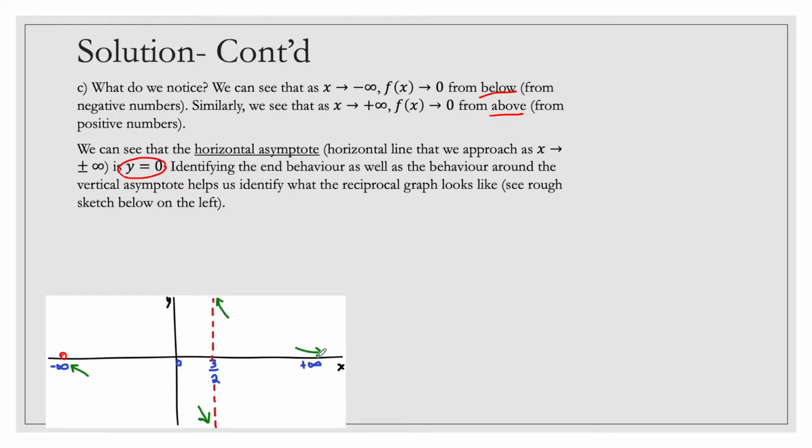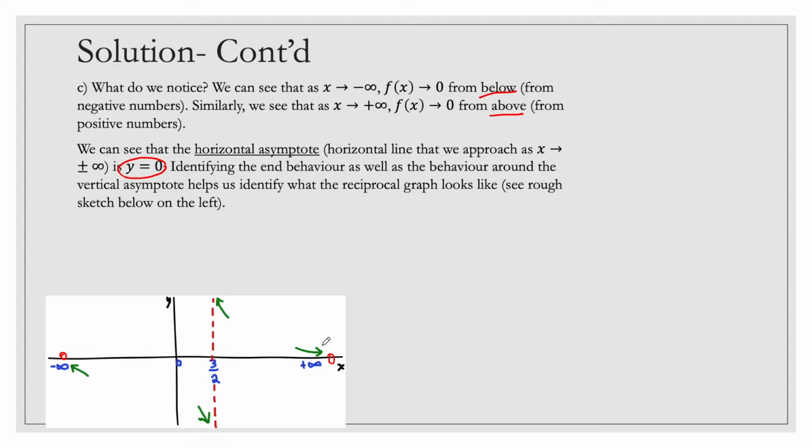And on the other end here, as x goes towards positive infinity, we're approaching 0 from values that are positive. So this is roughly what the graph is starting to look like. There's still a lot of details that are missing, but this is already starting to give us some indication of what the graph looks like here.